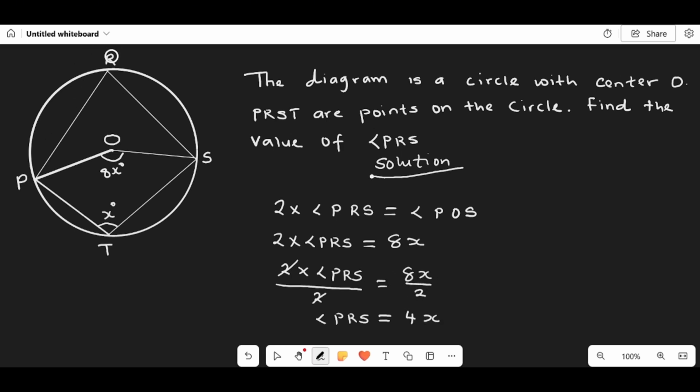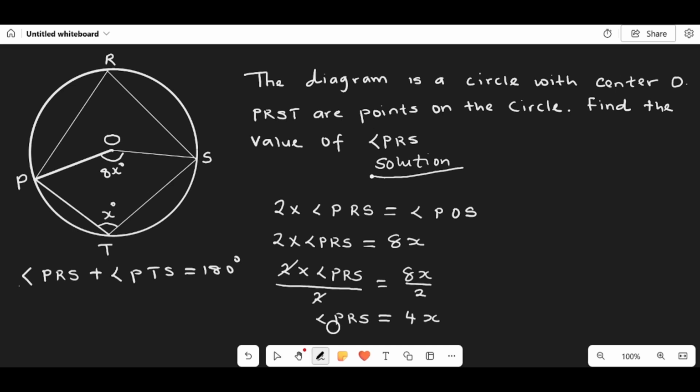Angle PRS and angle PTS are opposite angles of a cyclic quadrilateral. And in a cyclic quadrilateral, opposite angles add up to 180 degrees. We can say angle PRS plus angle PTS equals 180 degrees.